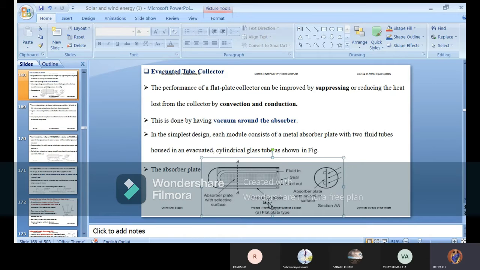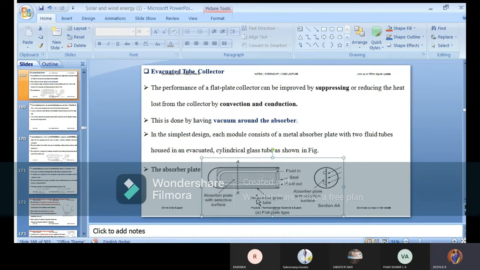Inside that you keep a tube. The tube has a fluid in and a fluid out portion. Let us consider fluid inside: the water gets heated up and goes out through another path, which is the continuation path. Fluid in, fluid out, and whatever is heated, you can see at the seal portion and absorber portion.